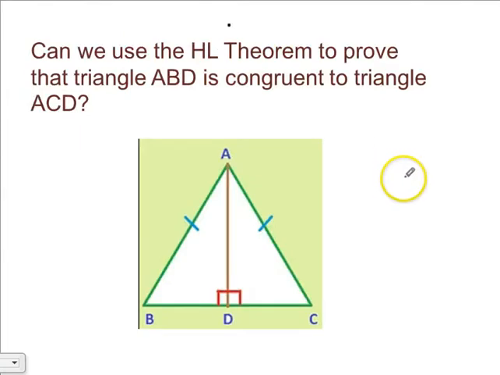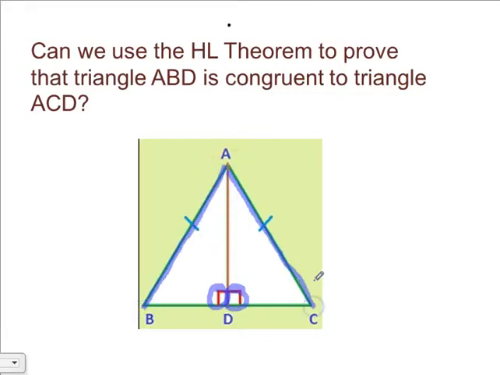So here, can we use the hypotenuse leg theorem to prove that triangle ABD is congruent to ACD? Well, first, I see these little squares that let us know we're dealing with a right triangle, so that's good. We see that our hypotenuses are congruent.